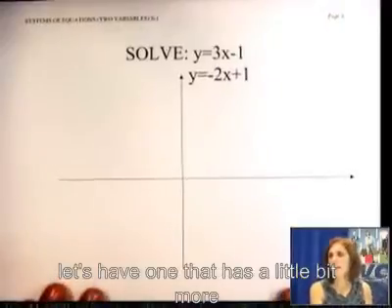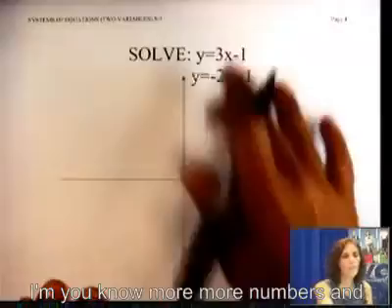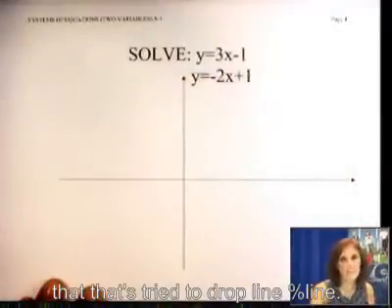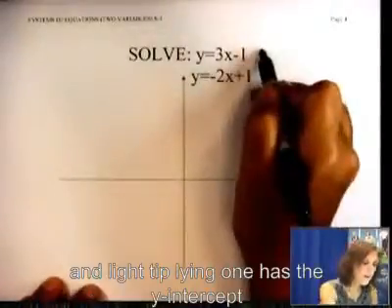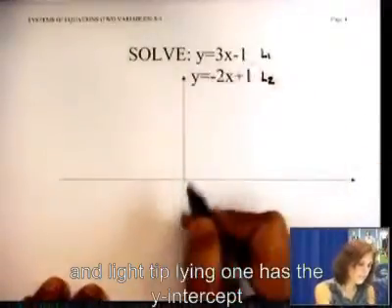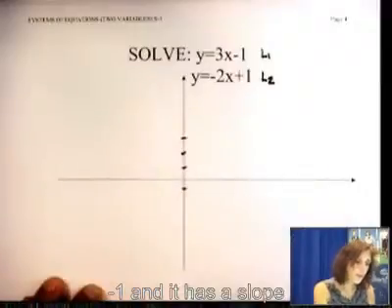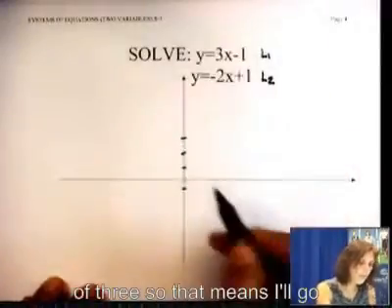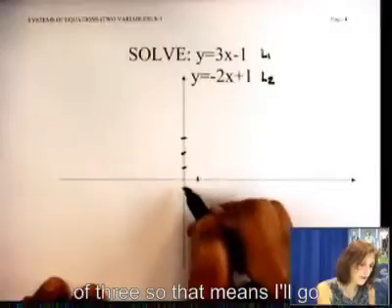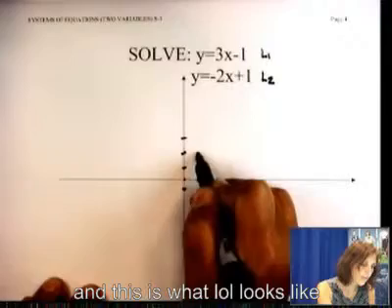Okay, now let's have one that has a little bit more numbers, and let's try to draw line 1 and line 2. Line 1 has the y-intercept of negative 1, and it has a slope of 3. So that means I'll go up from negative 1: 1, 2, 3, and over 1.